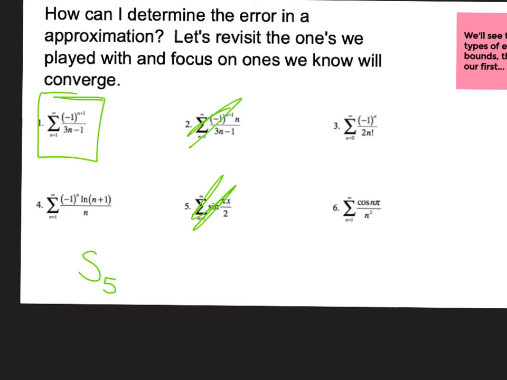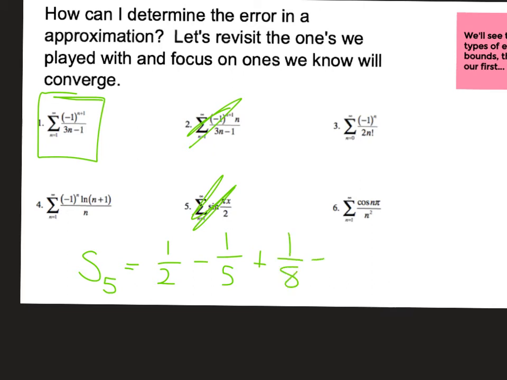Okay, so when n is 1, that's negative 1 squared, which is 1. And then 3 minus 1 is 2, so that's a half. And then minus, 3 times 2 is 6, minus 1 is a fifth. And then 3 times 3 is 9, minus 1 is 8.